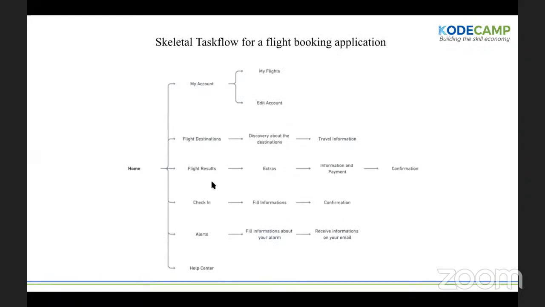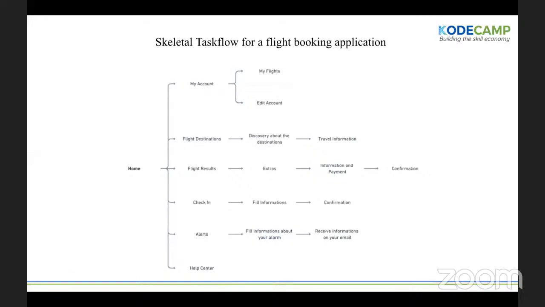Let's take for example this check-in, or these fill informations. It was not clearly stated what would be inside these fill informations, but it is maybe a particular section or feature of this app that you have to come up with, right? So that's basically a task flow, just straightforward.